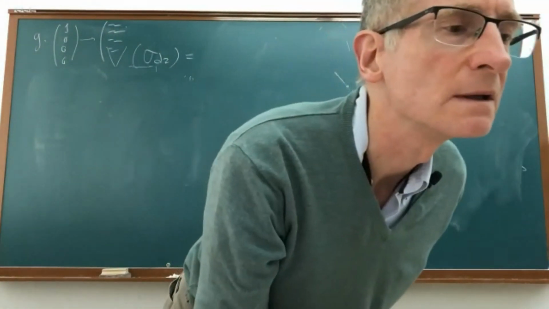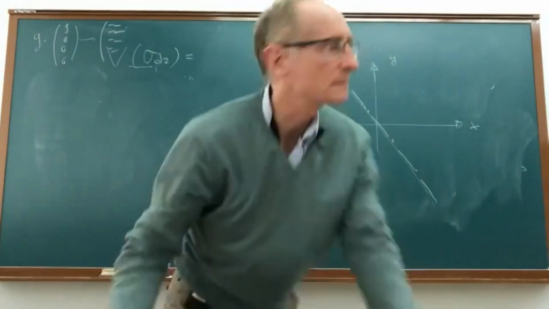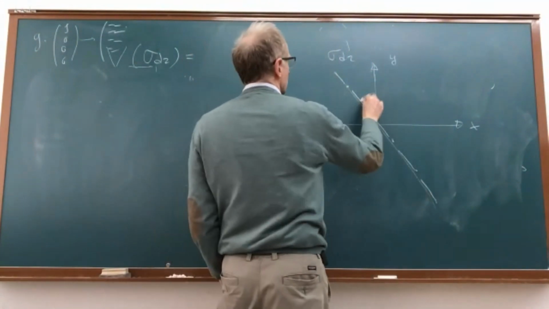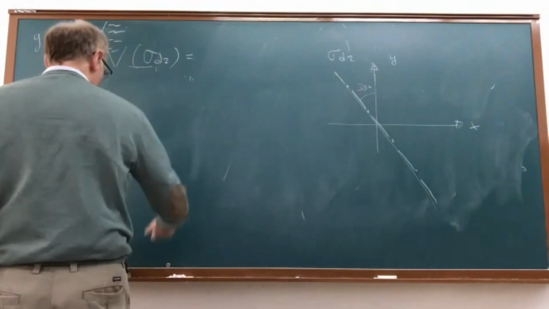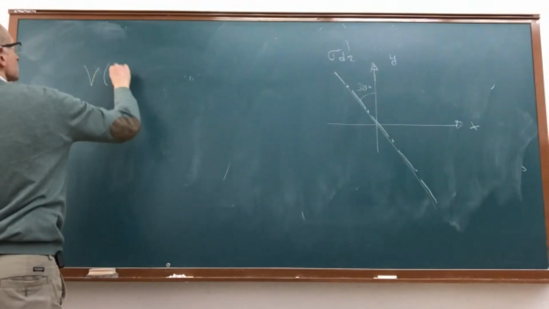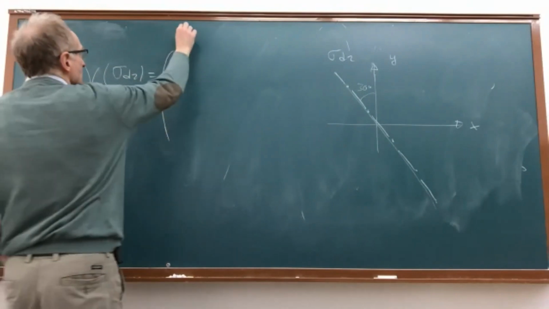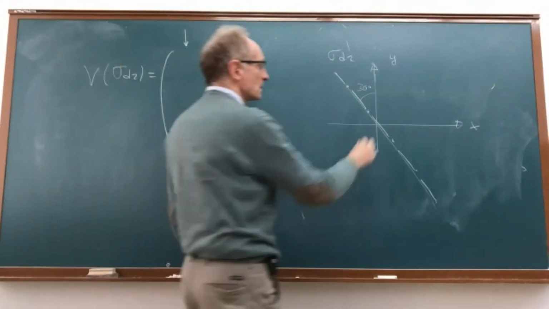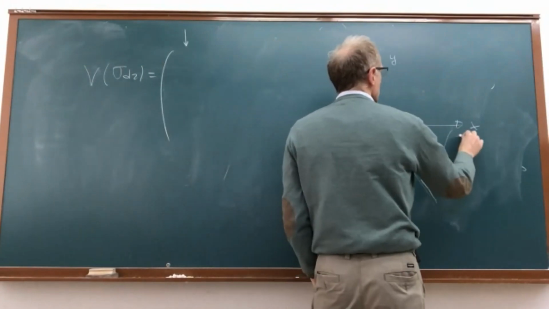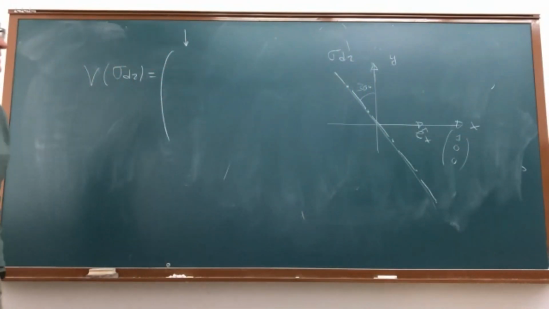Right? Yes, this is sigma D2. This is 30 degrees. And now let's try to construct the matrix, or the vector representation. So for the first column, I just have to take this vector, Ex, which has components 1, 0, 0, and see what the new components of the vector are.